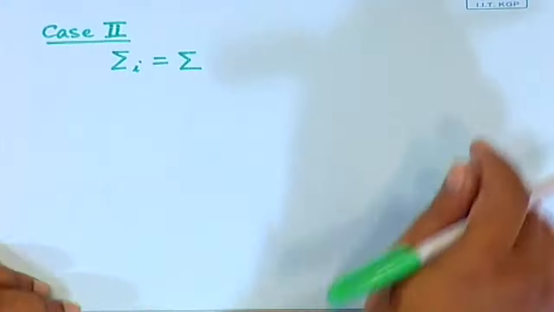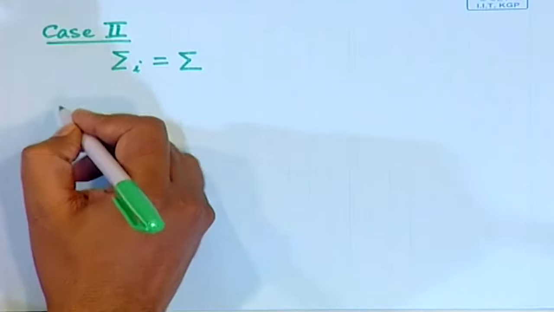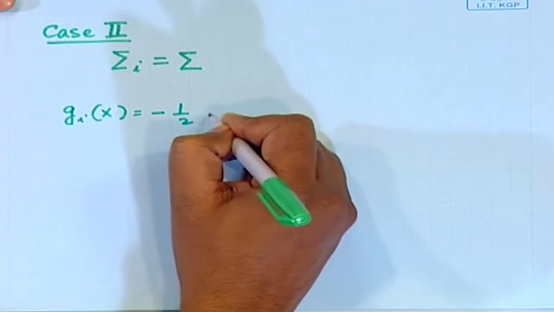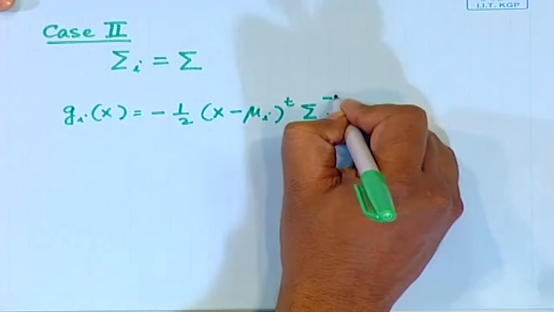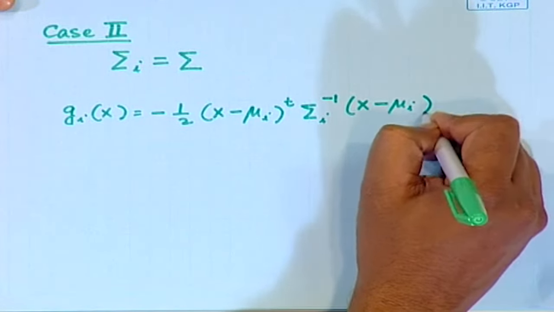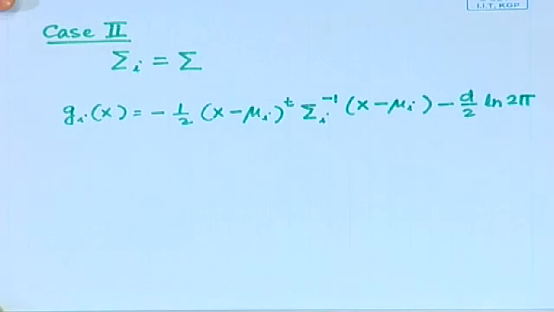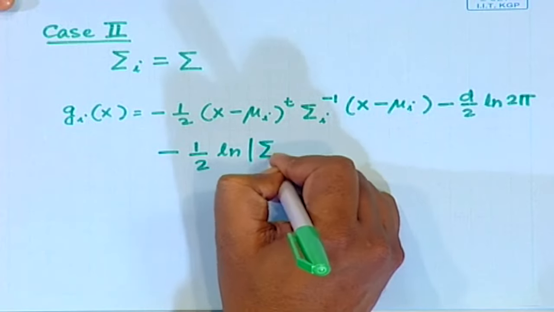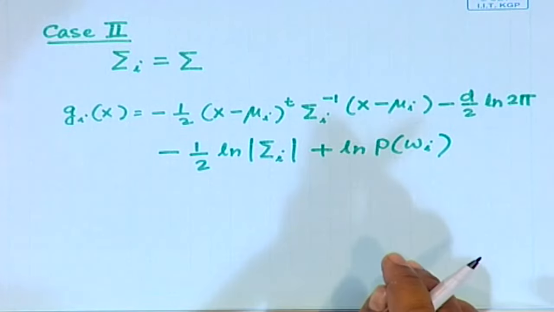So, here again, out of the general expression of the discriminant function, g_i(x) is equal to minus half (x minus μ_i) transpose Σ_i inverse (x minus μ_i) minus d/2 log of 2π, and so on.